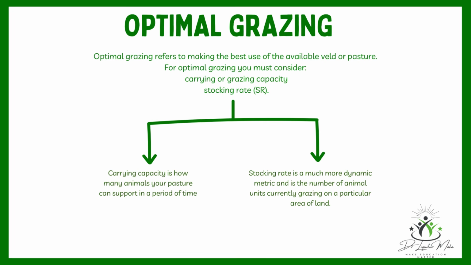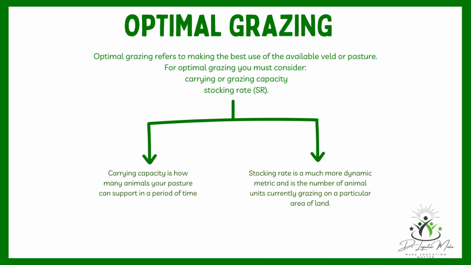Now, how do you ensure that you use what is available to you to the best of your ability as a farmer, right? For optimal grazing, you basically need to consider two things: the grazing capacity or carrying capacity, as well as the stocking rate.